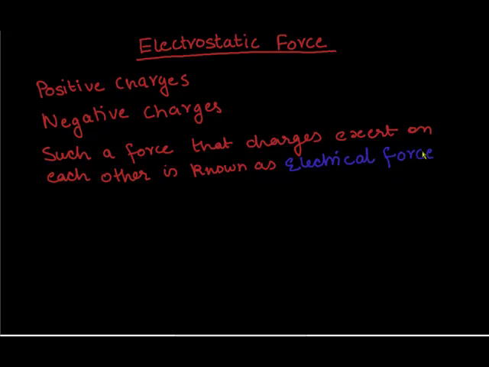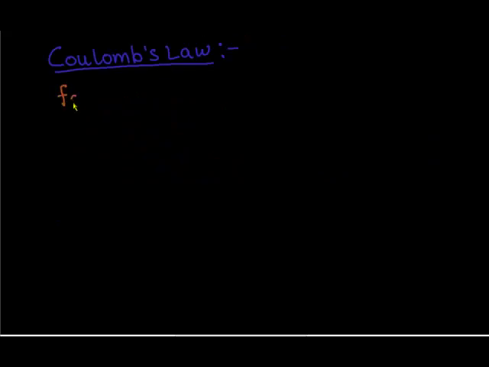All matter is a mixture of positive protons and negative electrons which attract and repel each other with this electrostatic force. We will now discuss Coulomb's law. Coulomb's law is the law of forces between electric charges.